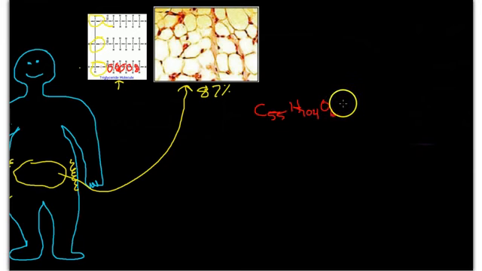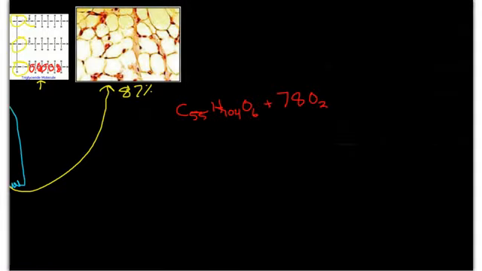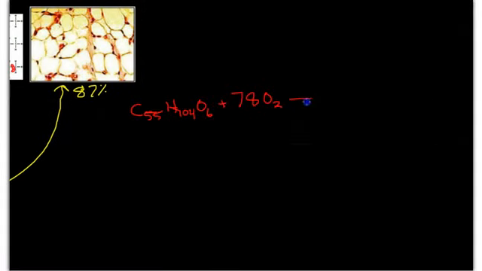When this breaks down, we end up with a chemical formula that looks like this. We need to add 78 oxygens, and this makes 55 carbon dioxides plus 52 molecules of H2O, plus energy.